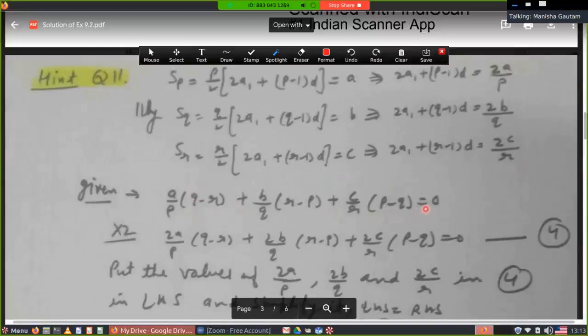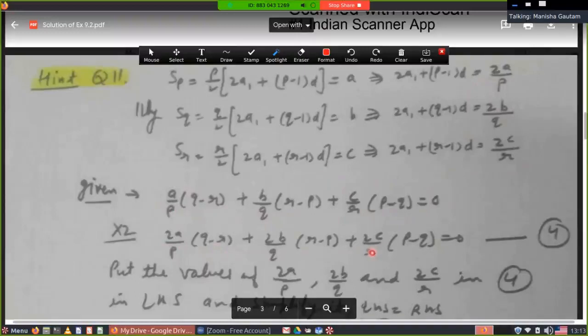Now what is the requirement? You have the value of 2a upon p. Then you have to multiply all the terms by 2. Right hand side as it is becomes 2 into 0, which will be 0. Multiplying by 2 on the left hand side, put the values of 2a upon p, 2b upon q, 2c upon r from here and simplify.